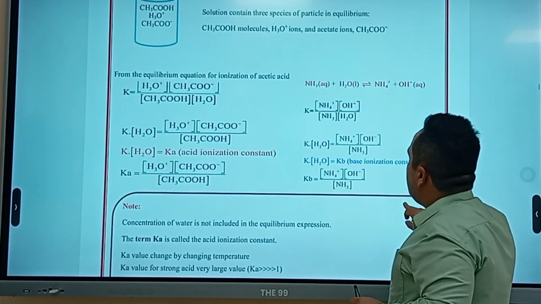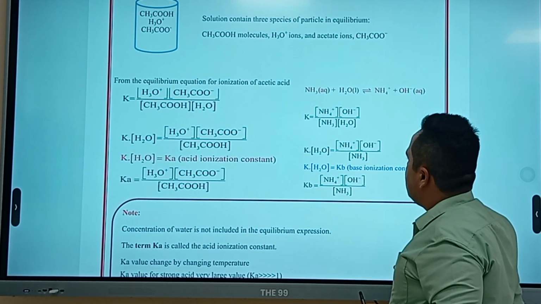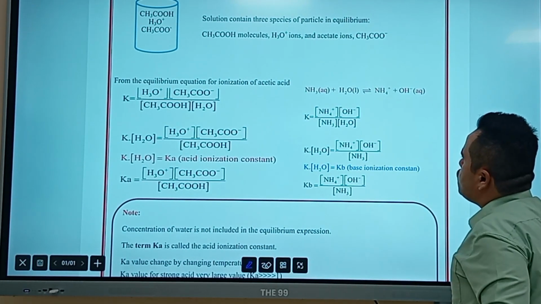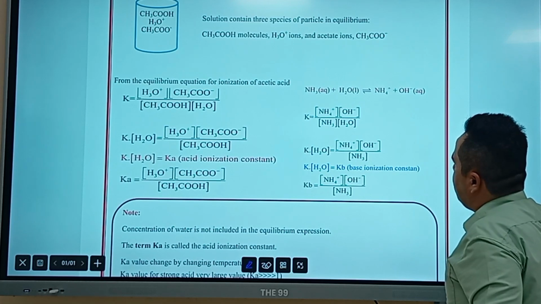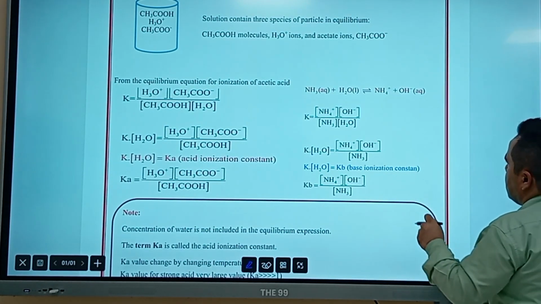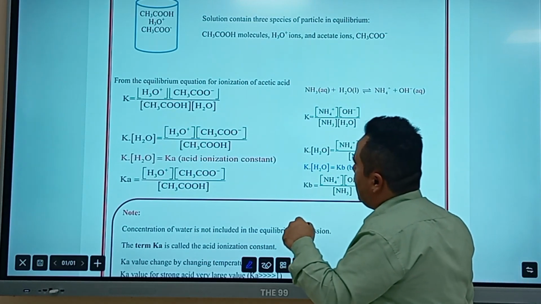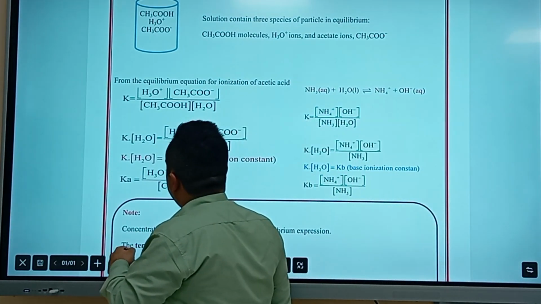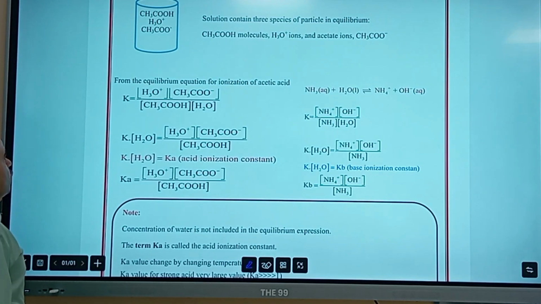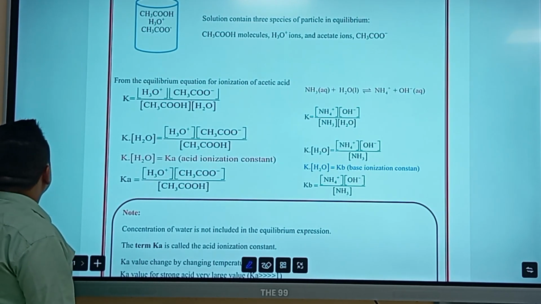In terms of questions, guys, let me provide a question where the values of concentrations are given and you calculate the Ka, or maybe the Ka is given and you are required to calculate the concentration of one of the ions.